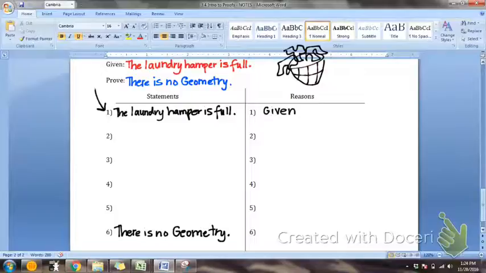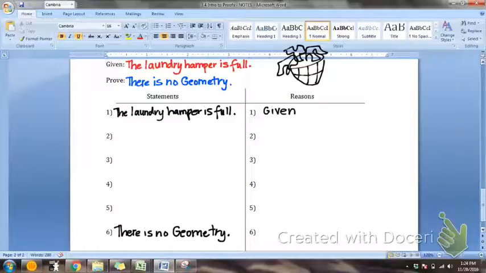So without even understanding how to do a proof, I've already earned points for setting it up, for drawing a picture, for writing the first and the last statement. So even if you don't know how to do a proof, just by setting it up, you're getting points, okay?